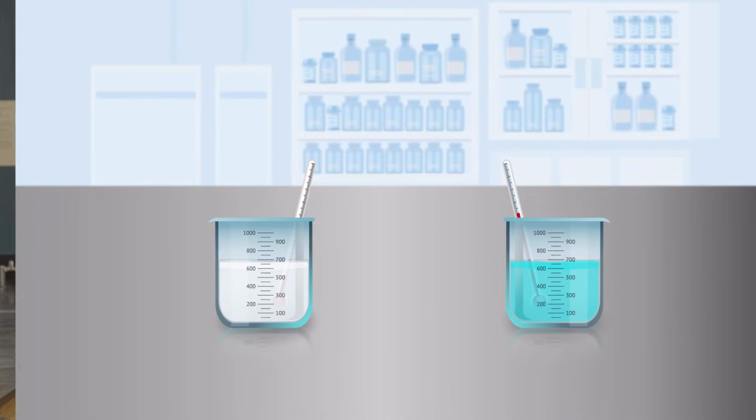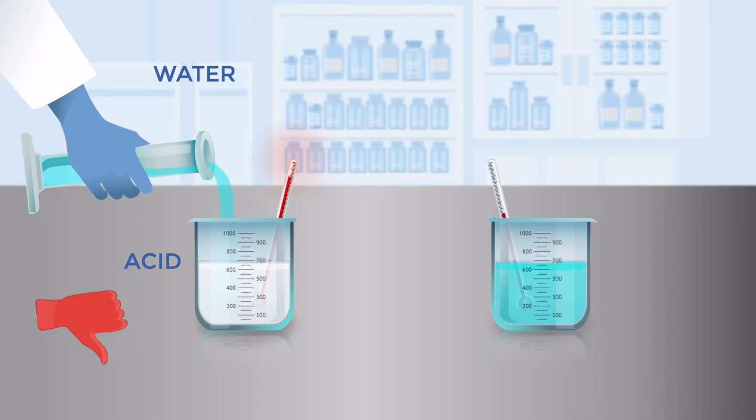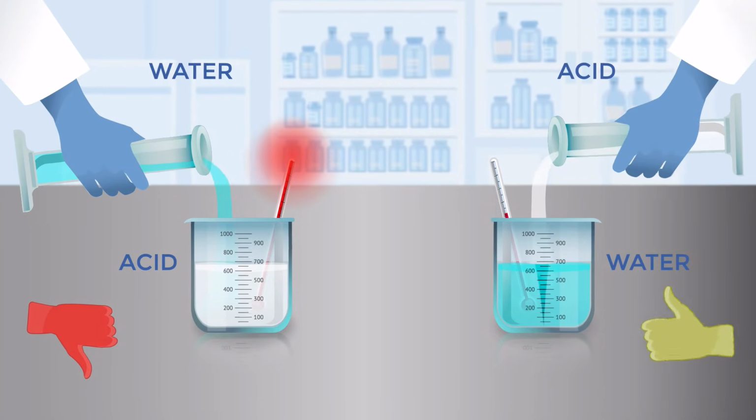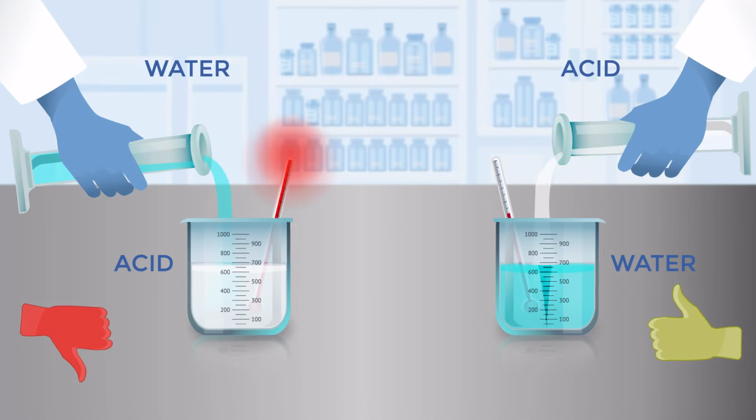But wait, there's another hazard we haven't recognized. Adding water to a strong acid creates an exothermic reaction that generates heat. By slowly adding the acid to the water while stirring, the heat is released and absorbed by the water. This reduces the chance of splattering and exposure. Other videos in this series address techniques and strategies for minimizing risk.